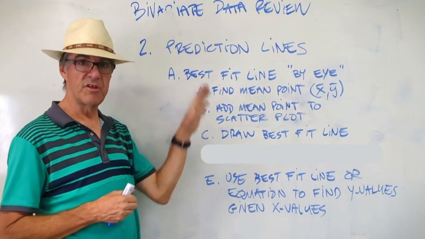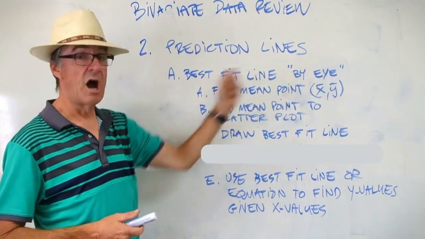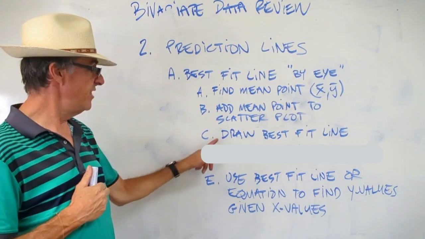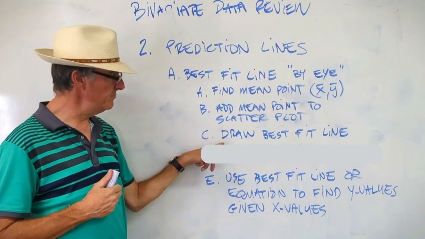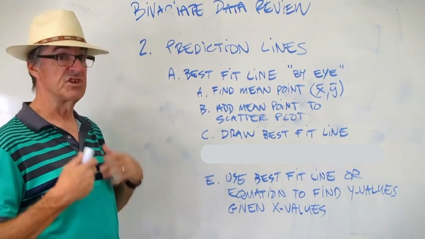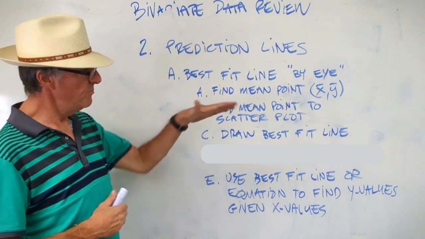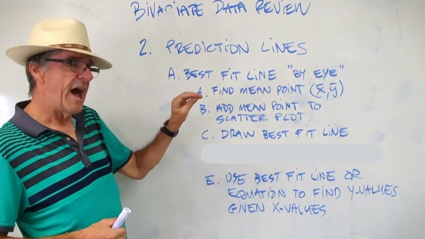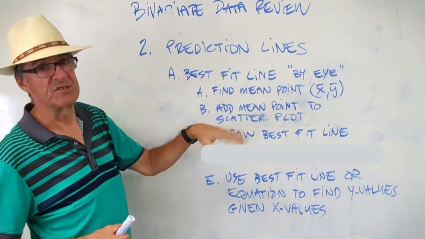So we've got a scatter plot with all our data points. We throw the mean point on there as well, and you want to mark it as the mean point, so that's obvious. Then we use this scatter plot with the mean point to draw a best fit line. You'll remember that the best fit line has to go through the mean point and then be drawn as best you can so that half the data is above it and half the data is below it.